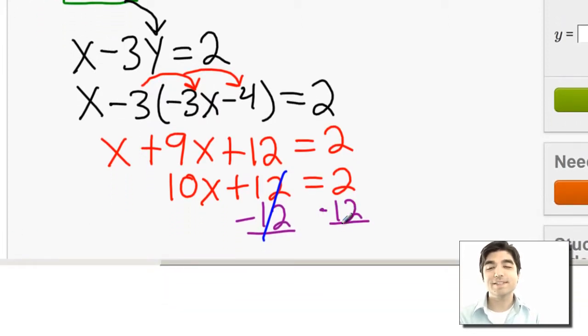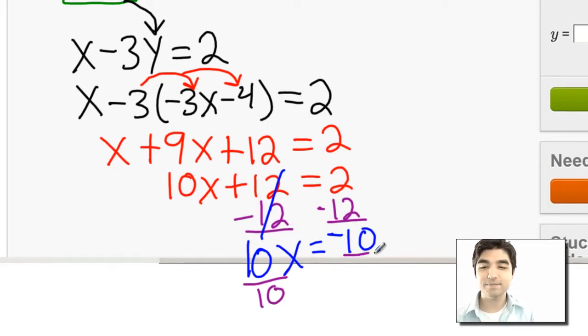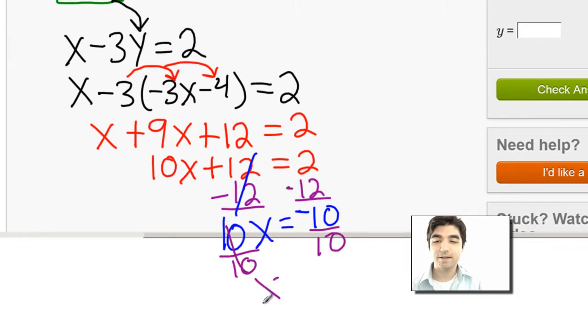Then 2 minus 12 equals negative 10. So we got 10x equals negative 10. You probably know what to do from here. You got 10 times x, so you need to divide by 10. Then x equals negative 10 divided by positive 10, which equals negative 1.